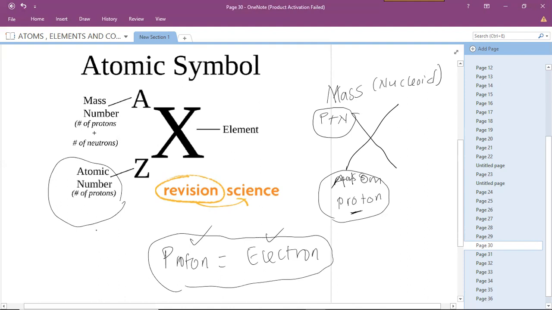And don't forget its significance. The atomic number tells you that this is an element of helium, this is an element of carbon, this is an element of nitrogen, this is an element of chlorine. So all elements have their own unique atomic number. It's like a fingerprint. Your fingerprint is unique to you.